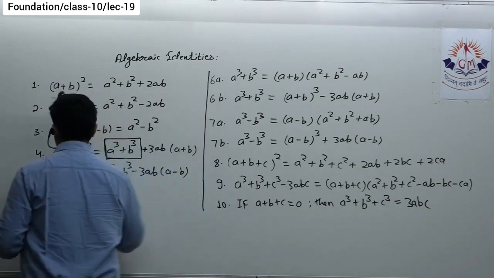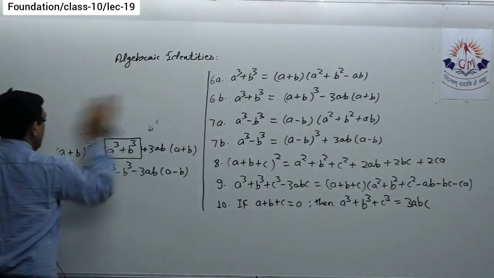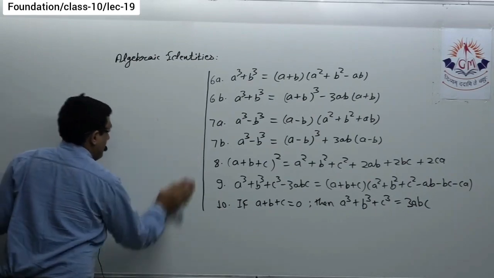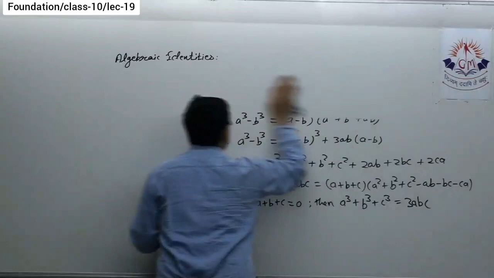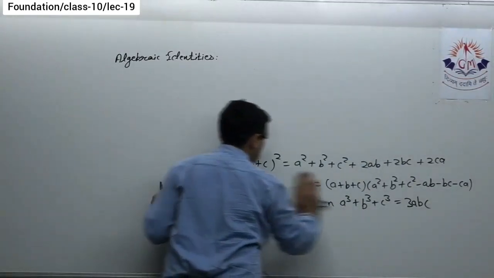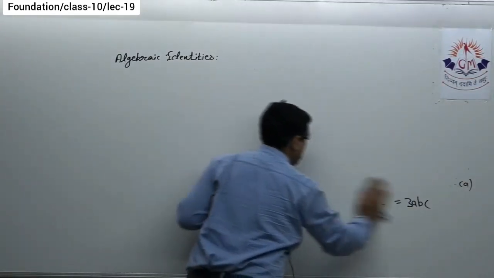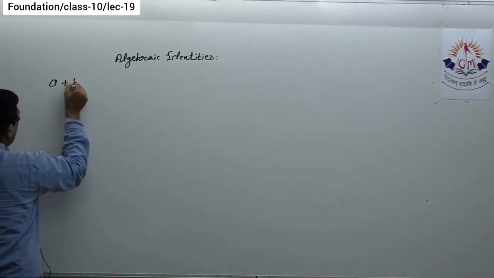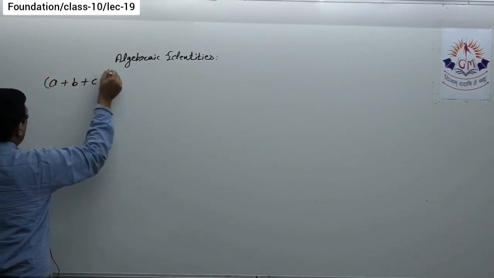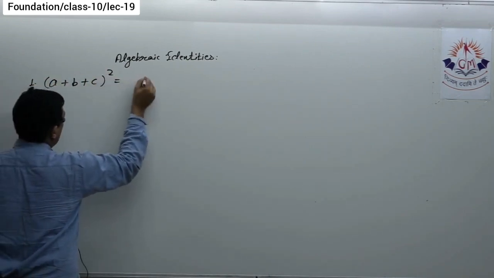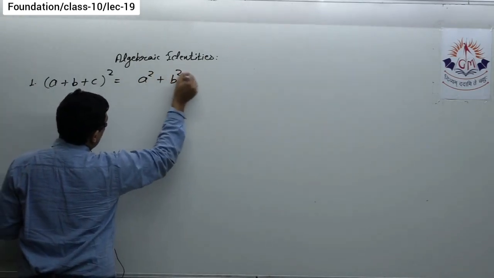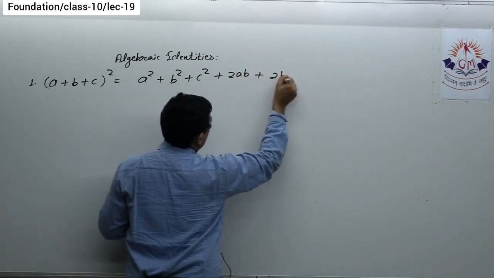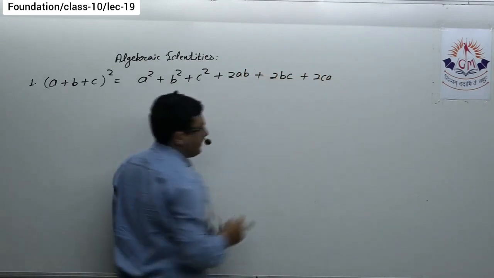Now as I told you, we'll discuss the remaining 7 versions of this particular identity 8. So let us see. I have the very basic version, that is a plus b plus c whole square is equal to a square plus b square plus c square plus 2ab plus 2bc plus 2ca.